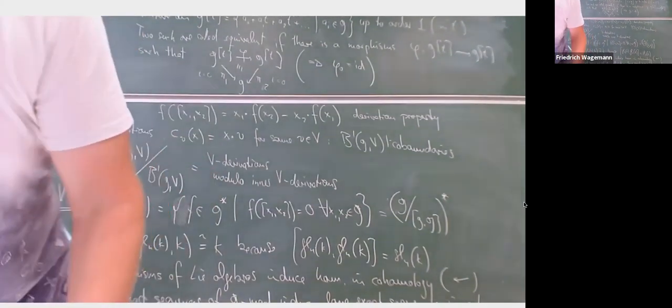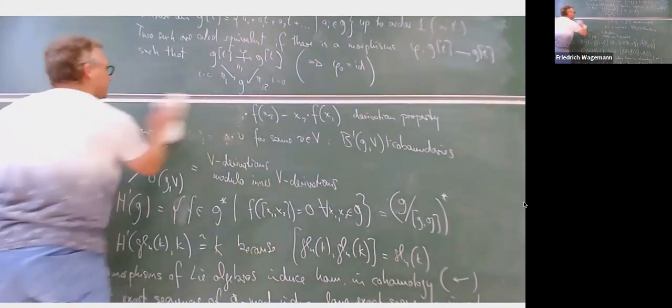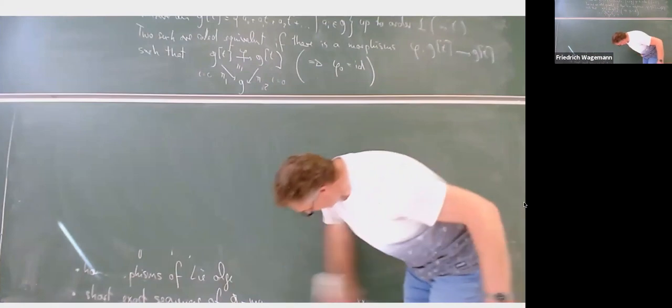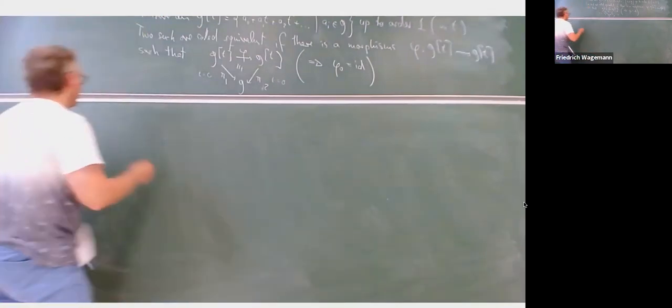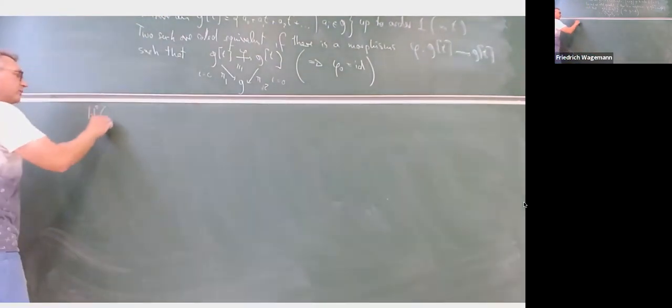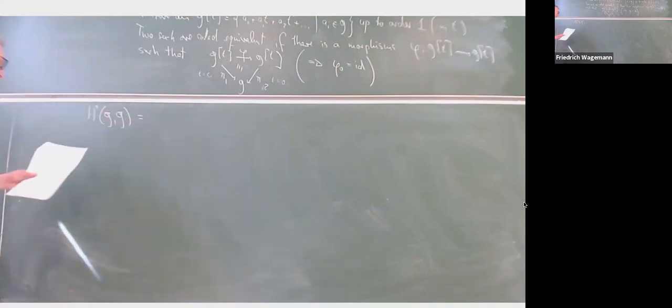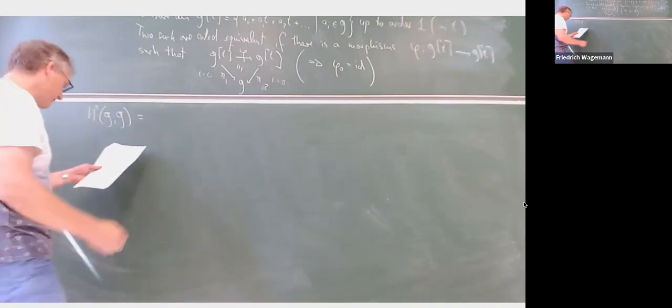So infinitesimal deformations of a Lie algebra up to equivalence are classified by H2 of G with values in the adjoint representation. This is kind of what you already heard in Professor Makhlouf's lectures.